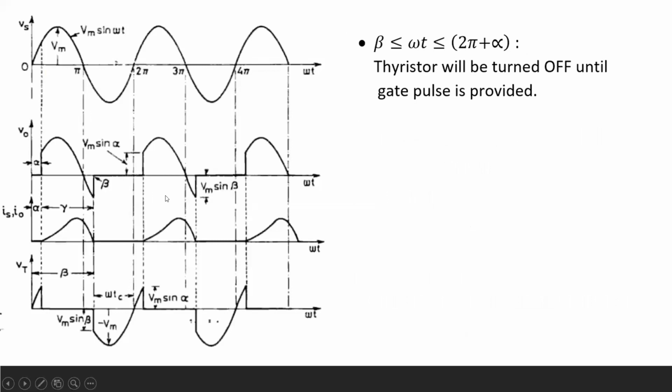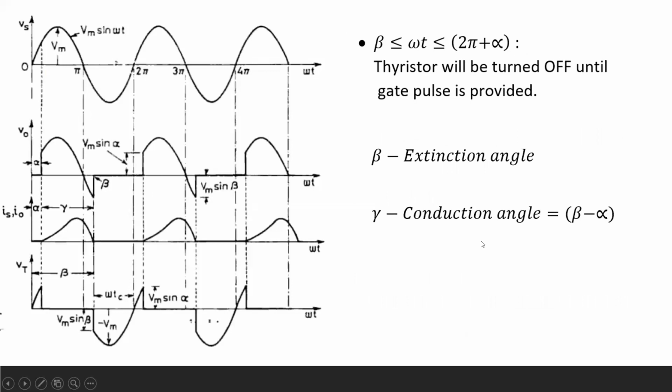Okay, now what is the conduction angle? We have seen the extinction angle. Now we will see the conduction angle, right? The conduction angle is the interval for which the thyristor or rectifier is in the on state. Okay, look, at the instant alpha we have provided the gate pulse.